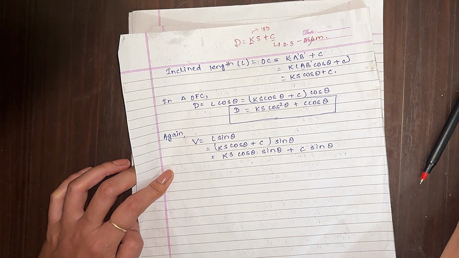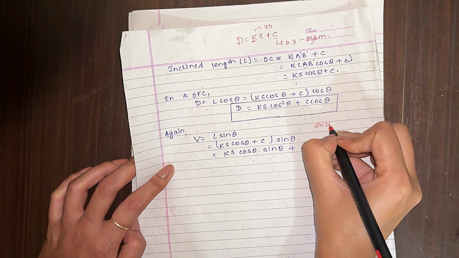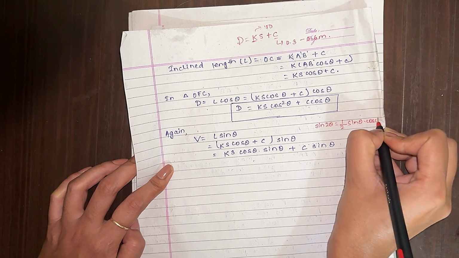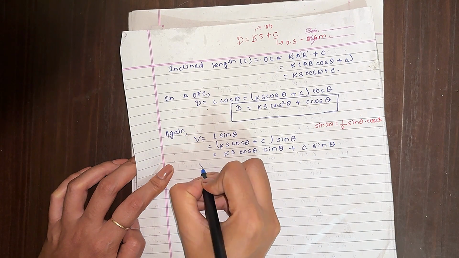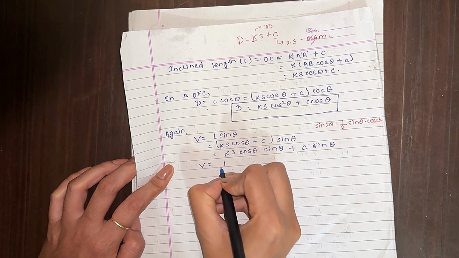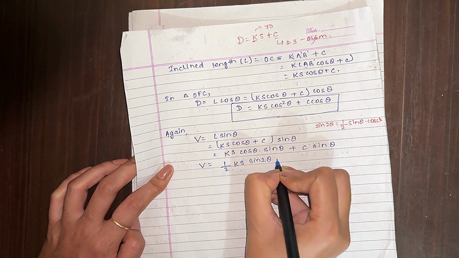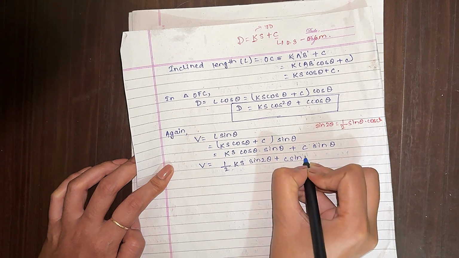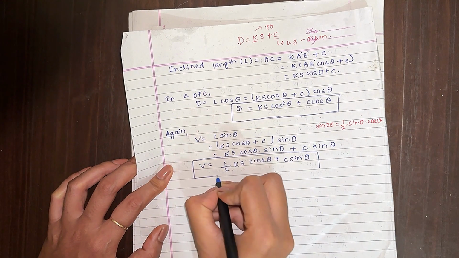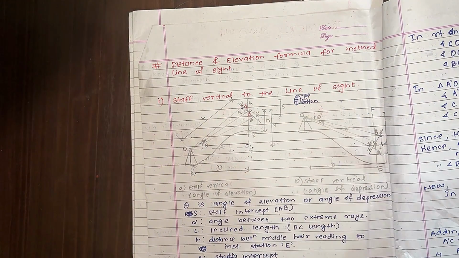So we have the formula for sin 2 theta, we have 1/2 sin theta into cos theta. So we get the formula here for the vertical elevation. We have V is equal to half K S sin 2 theta plus C sin theta. So this is the formula for the vertical distance when the staff is vertical to the line of sight.